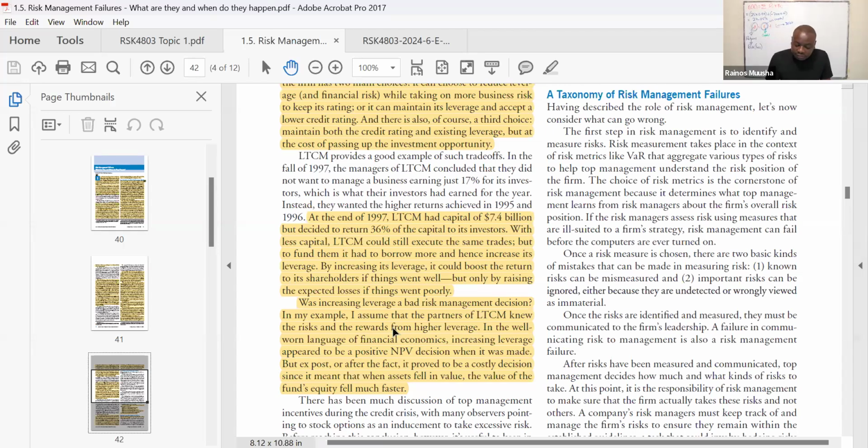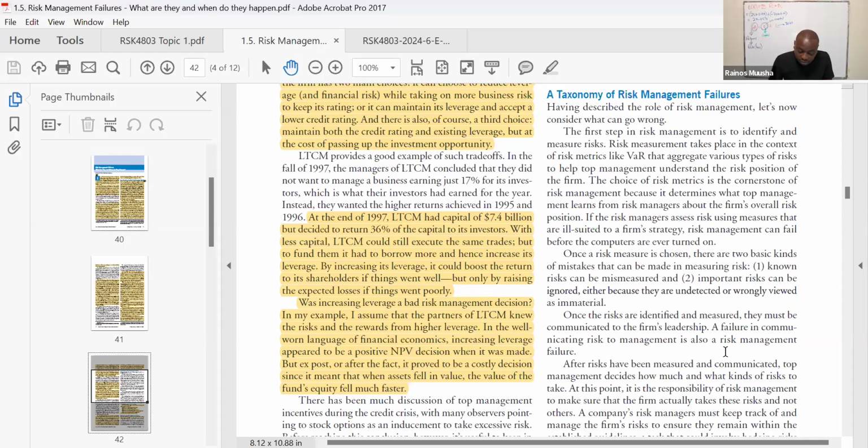So was increasing leverage a bad risk management decision? In my example, I assume that the partners of LTCM knew the risks and the rewards from higher leverage. In the well-worn language of financial economics, increasing leverage appeared to be a positive net present value decision when it was made.